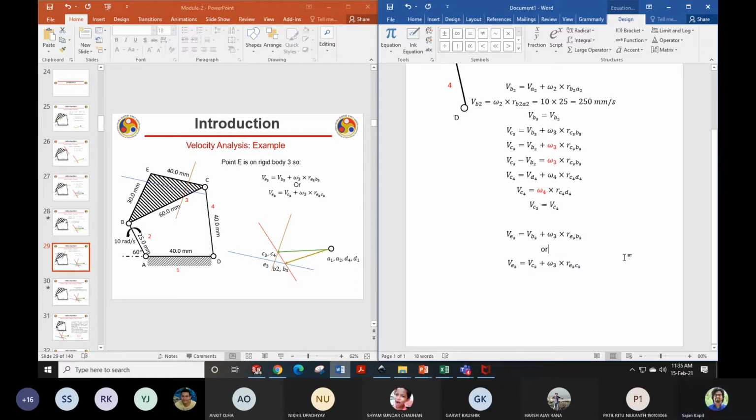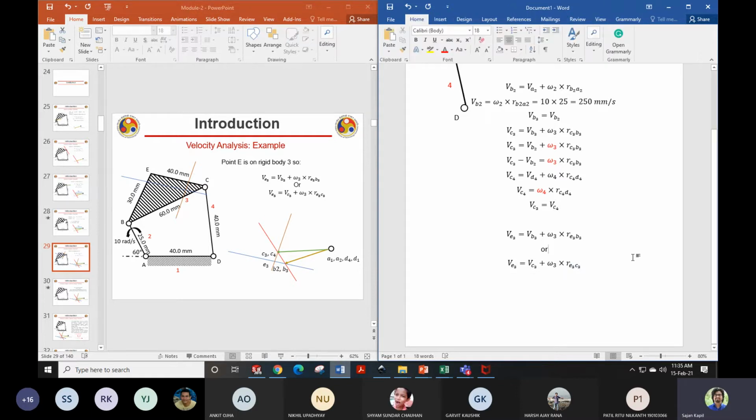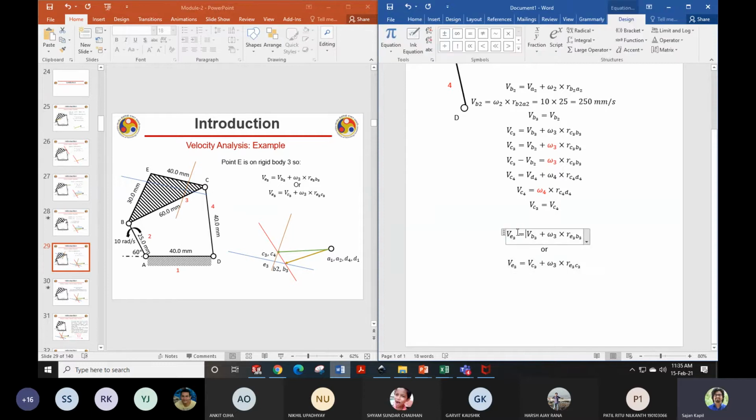What I can see from here, something very interesting, is that this particular vector, VC3, is nothing but a line drawn from point B3 and perpendicular to the line connecting E and B, correct or not?